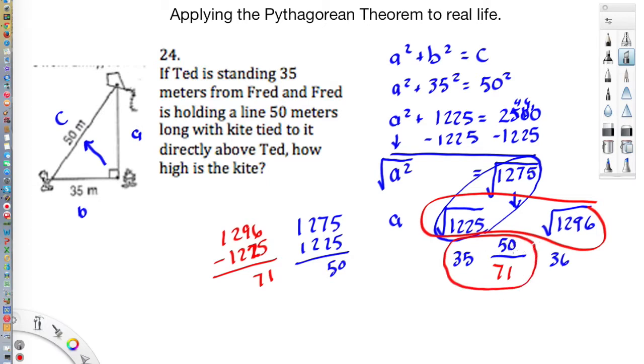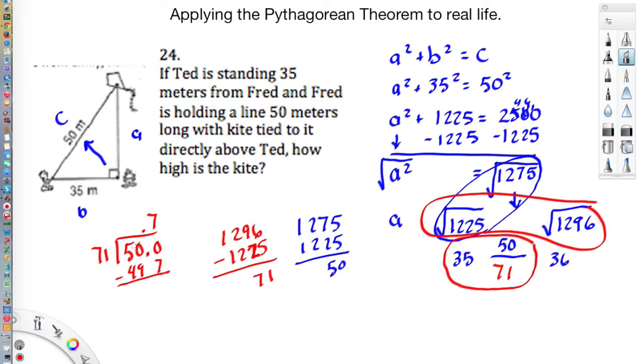My answer is going to be 35 and 50/71. But if I round to the nearest tenth, I need to take 50 and divide it by 71. Okay, 71 is going to go into 50 about 7 times, because 7 times 7 would be 49. So 7 times 1 is 7, 7 times 7 is 49.